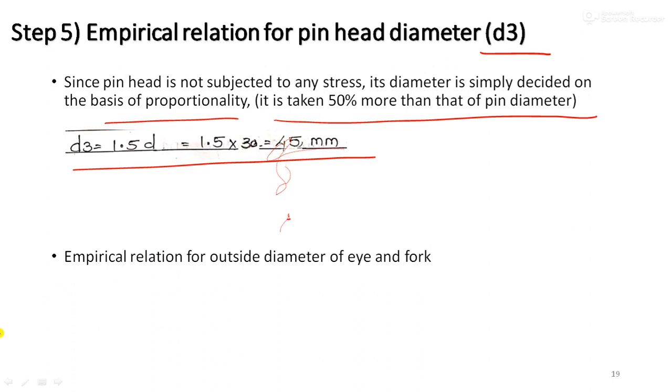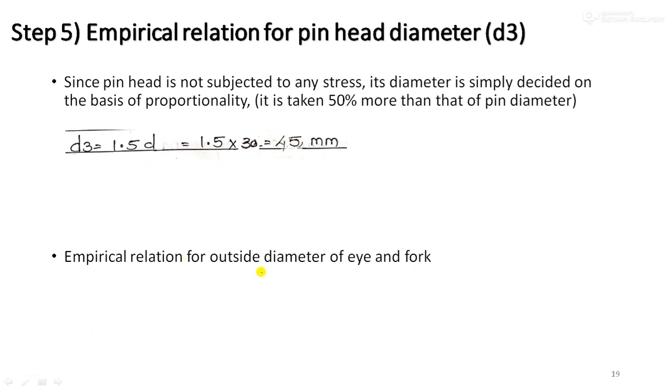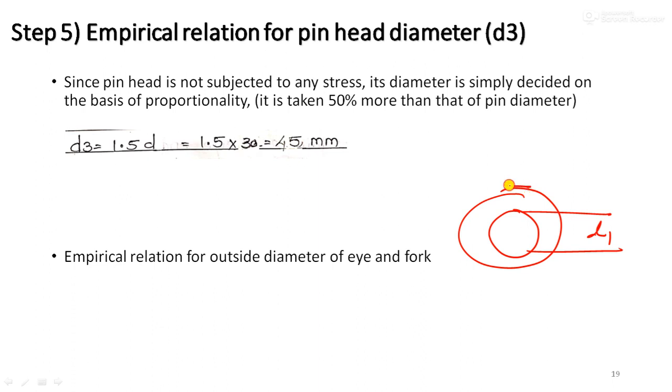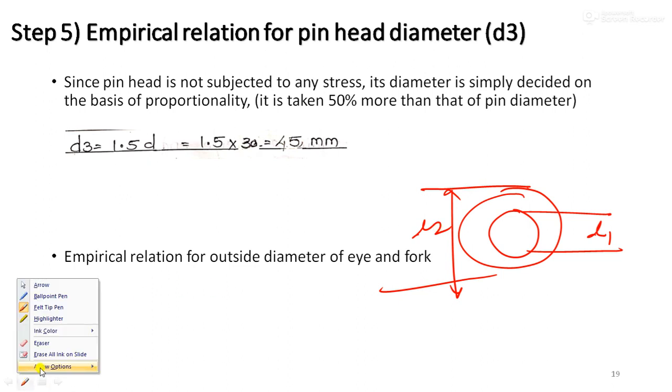Take it as 45 mm. Okay, clear? Then the empirical relation for the outside diameter of the eye and the fork. This is the eye inside diameter. What is the inside diameter of the eye and the fork? d1, which is equal to p. And what is the outside diameter? d2. I am repeating this again and again because you will require it in further analysis.